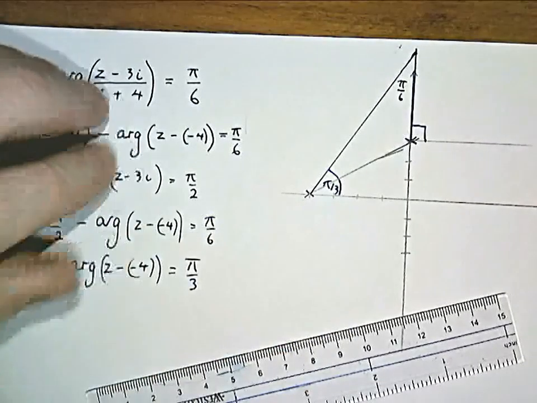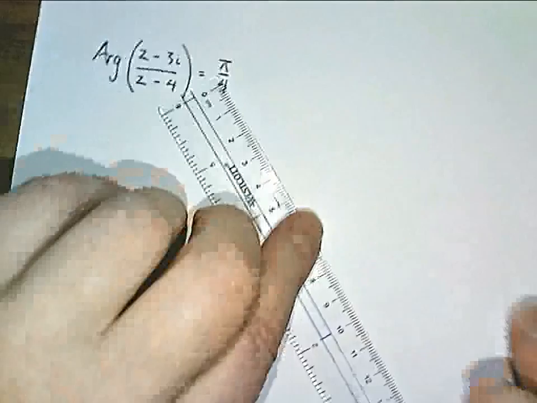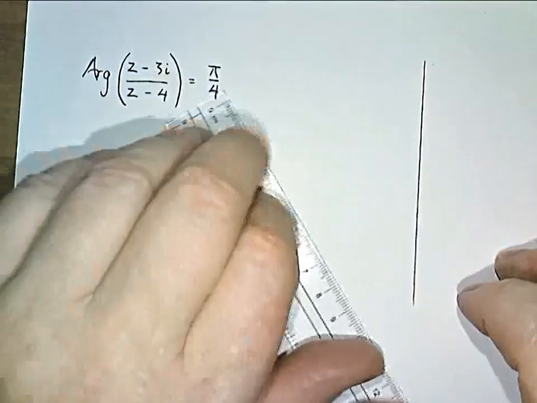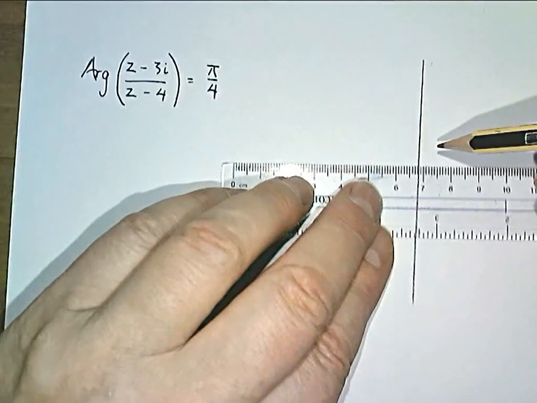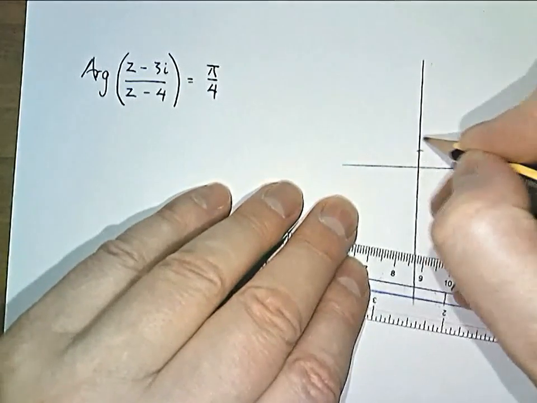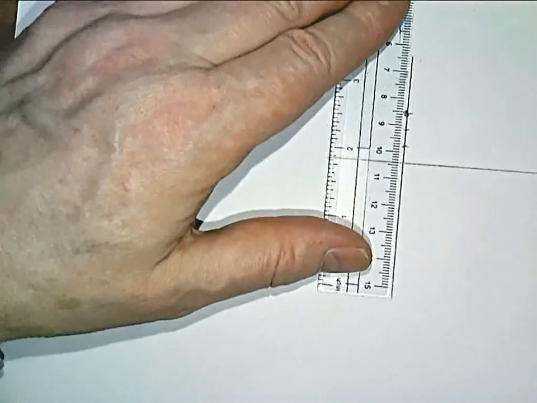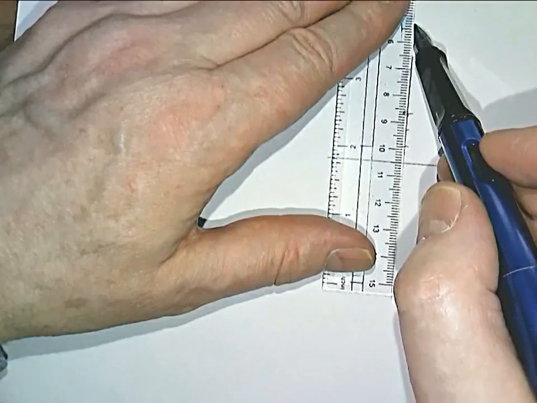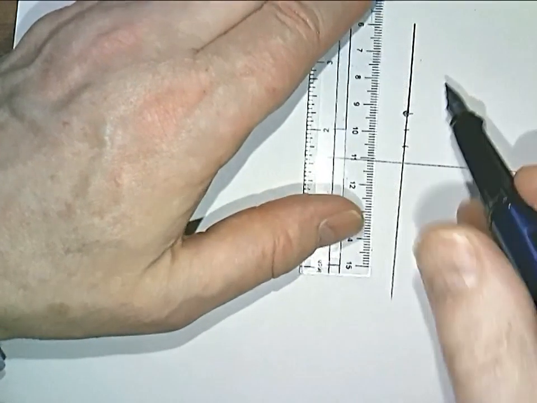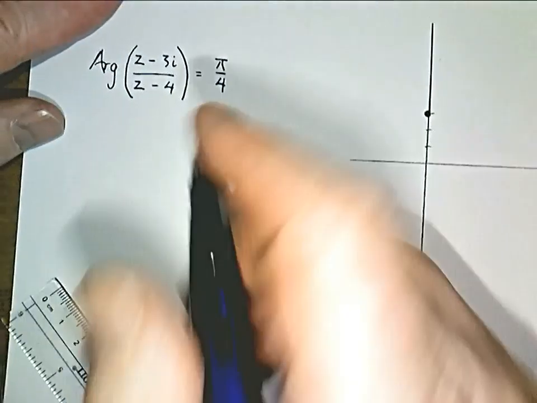Now if we follow this method in the second case down here, then we're going to have 2 points. We can read it off this time. We've got the same one where we set off our 1, 2, 3, there's the half line, and we're going to have it running vertically from there, because we're going to take arg of (z minus 3i) as pi over 2 again. What's the other one going to be?